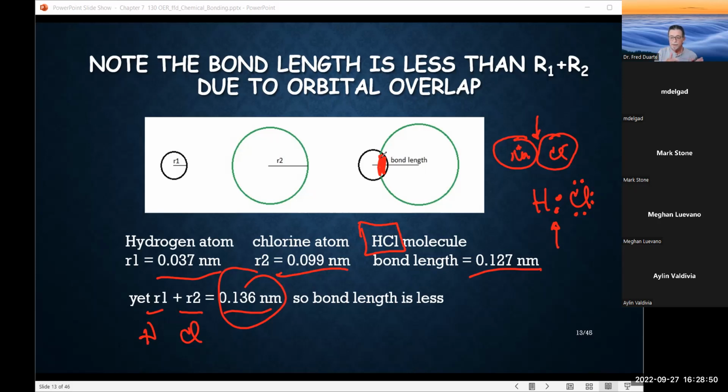In this example, there's unequal sharing. Those 2 electrons are pulled more toward the chlorine because of electronegativity, that property we talked about, since chlorine is a lot more electronegative. It pulls the electron density toward itself much more than the hydrogen does.